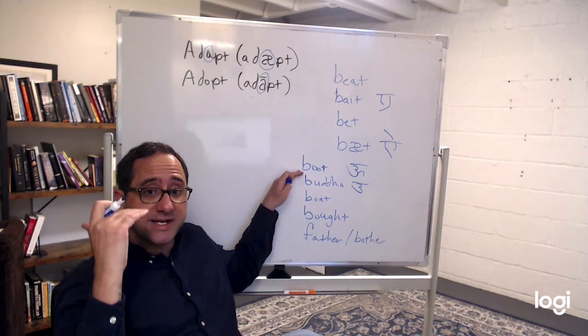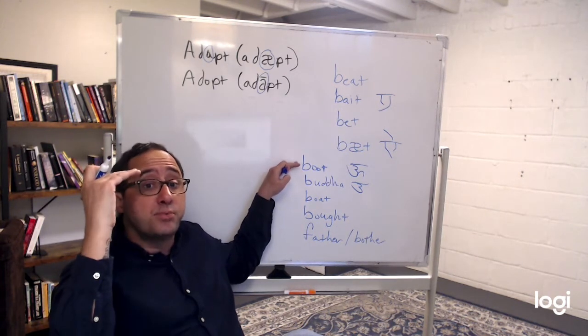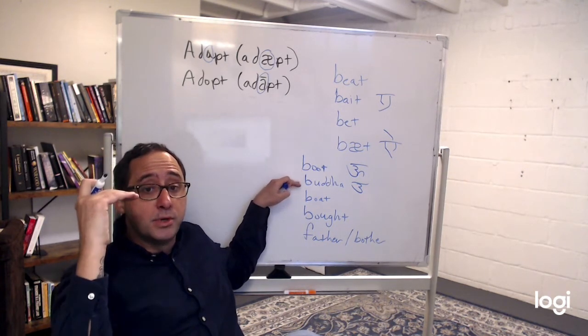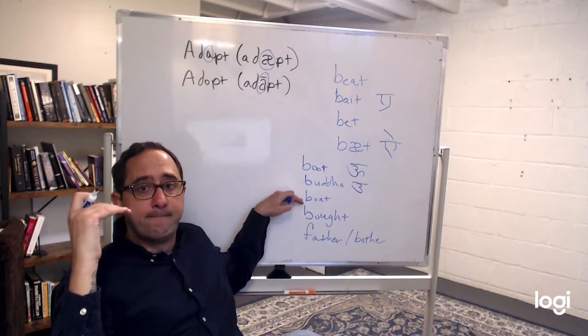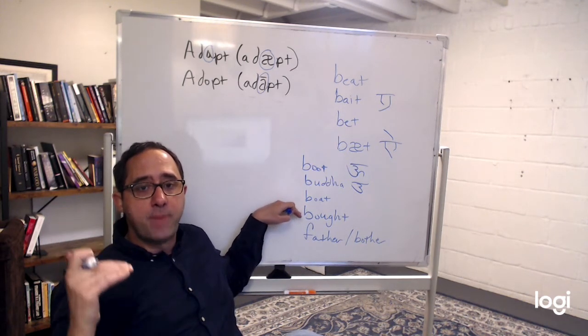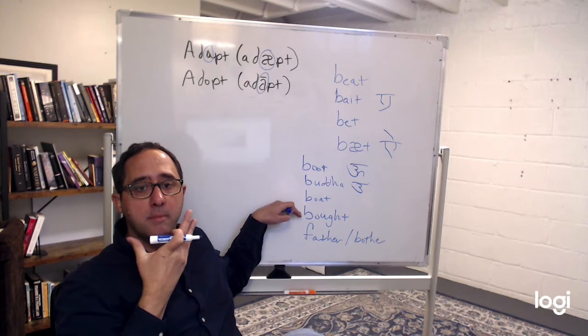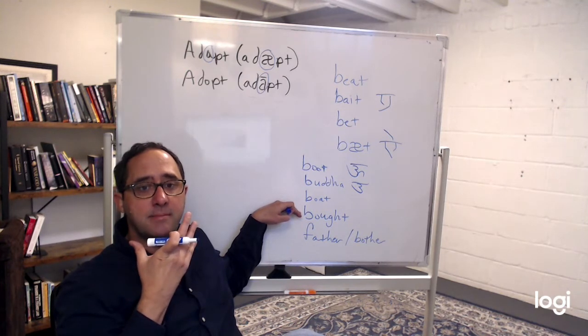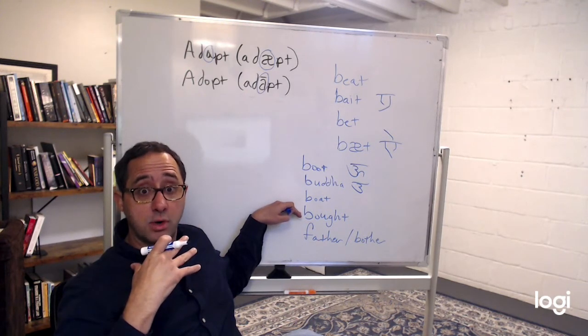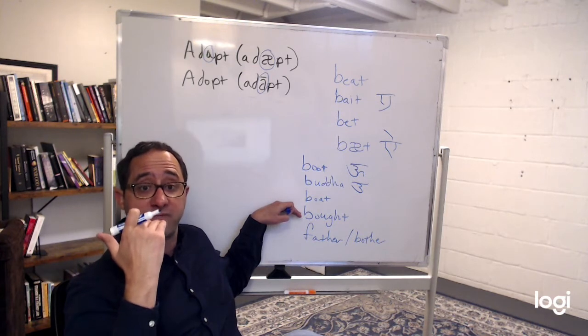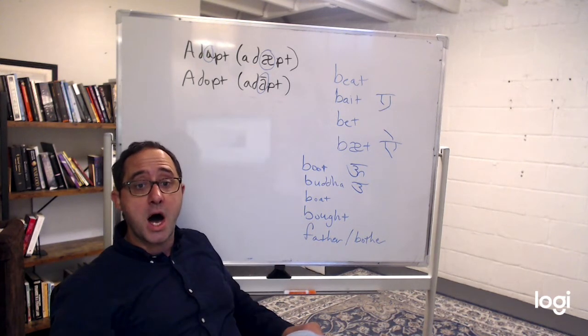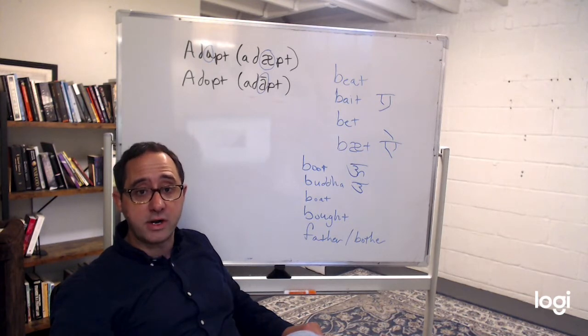My tongue is coming down a little bit for each of these. Boot is up. Buddha. Boat, I'm open here. Bought. Now my mouth is going to open a little bit more, and my tongue is going to come more flat in my mouth. Bother, bought, bother.